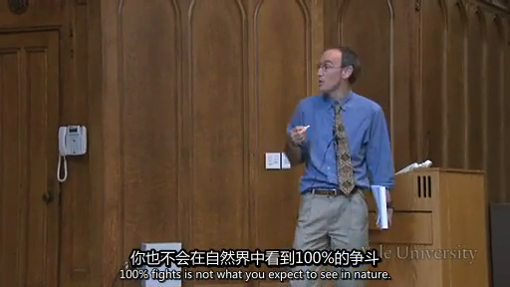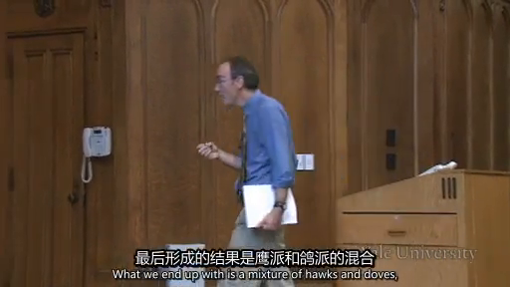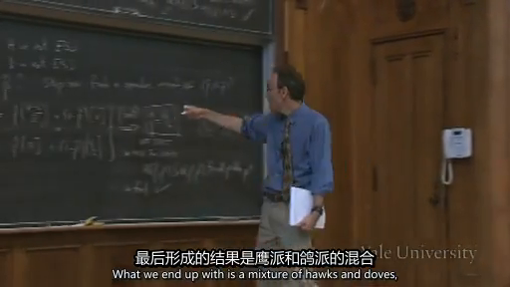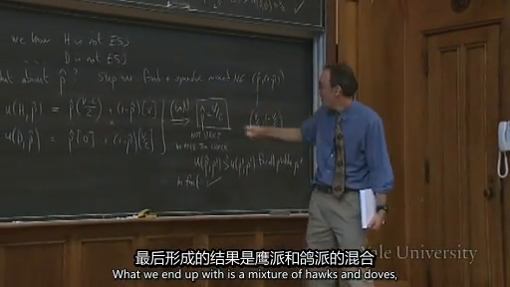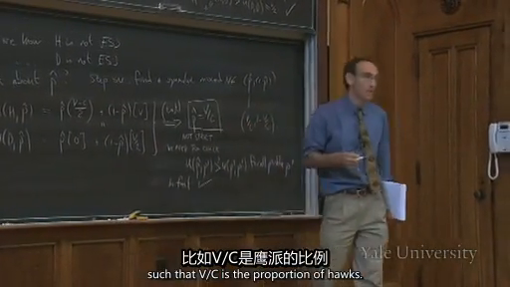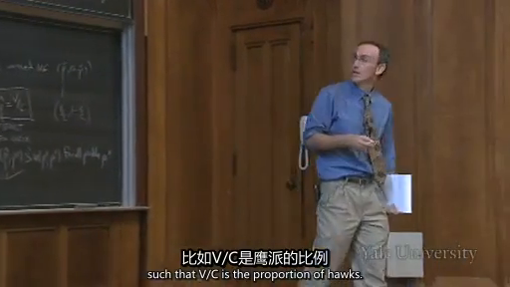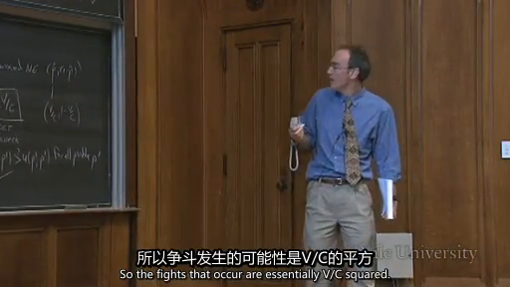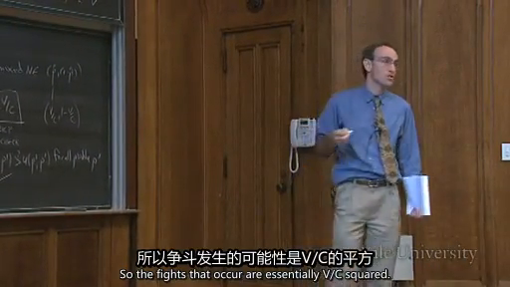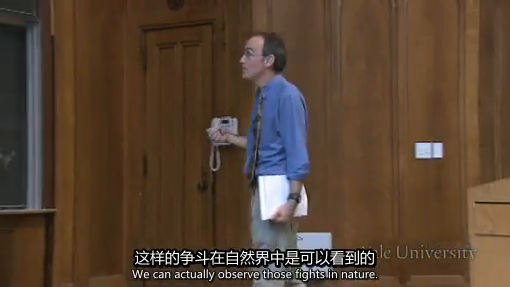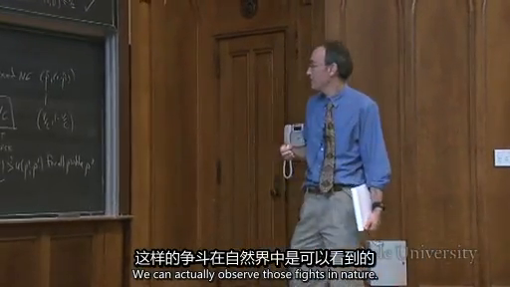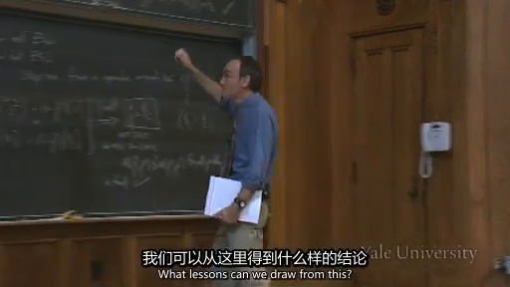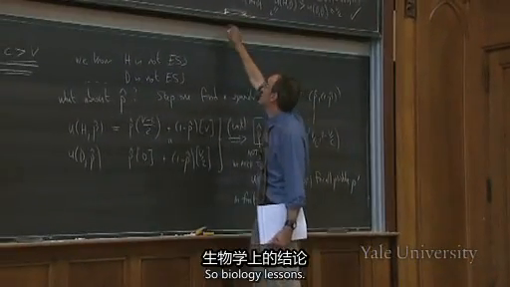What we end up with is a mixture of hawks and doves such that V over C is the proportion of hawks. So the fights that occur are essentially V over C squared. We can actually observe those fights in nature. Okay, what lessons can we draw from this, sort of biology lessons?